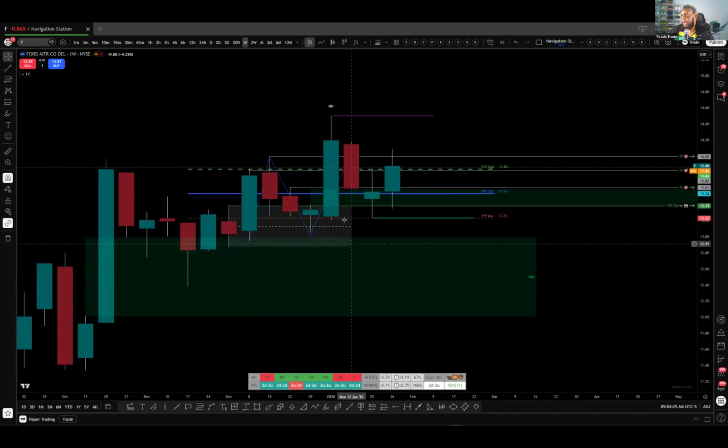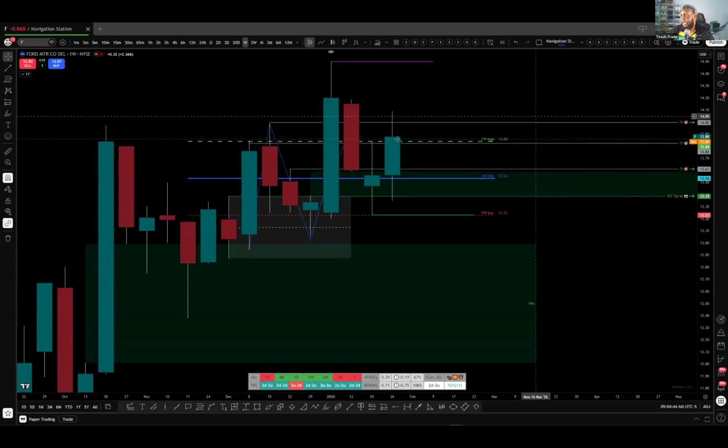This is the box on the 4 hour. We're on the weekly, so that's why it looks weird. But this is the box I drew on the 4 hour. It popped out of the box and then dropped back into the box and then expanded back out of the box to take out this swing high that we saw on the 4 hour here, take profit of 14.